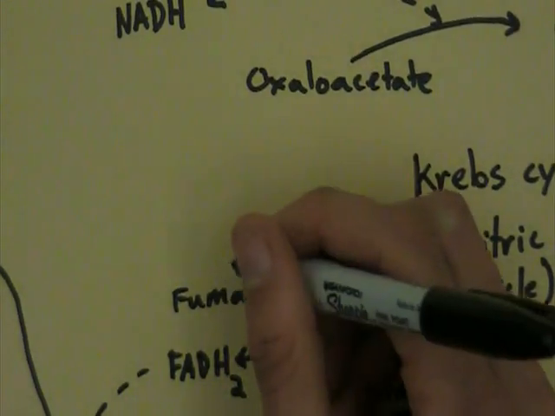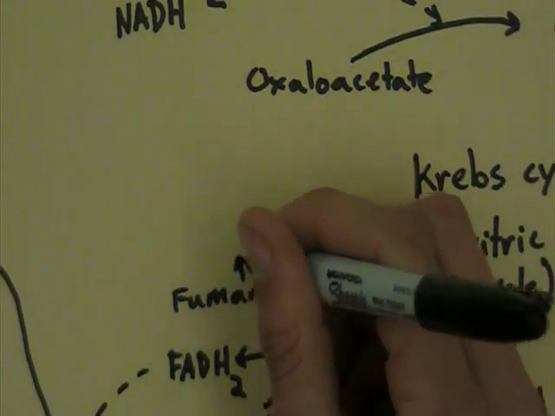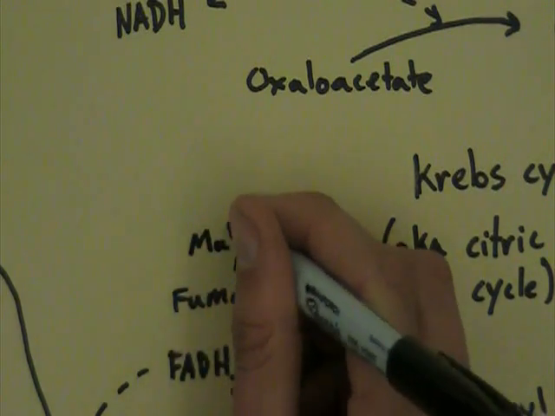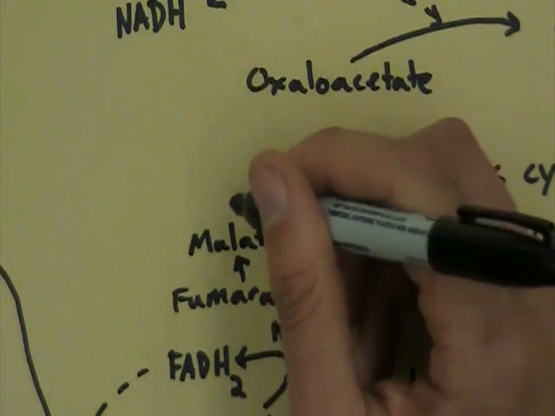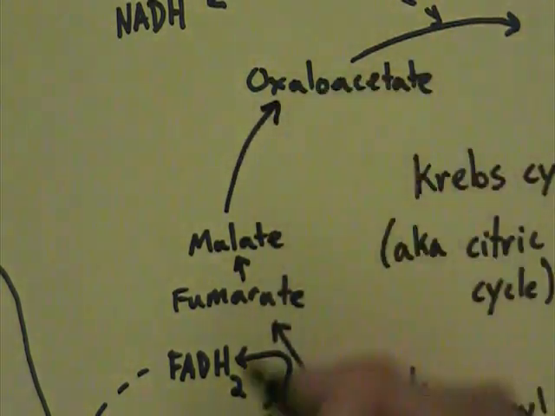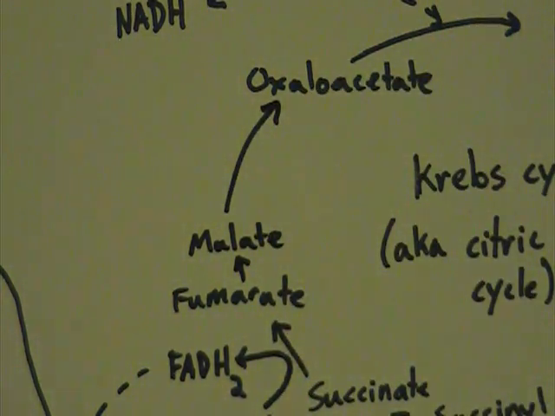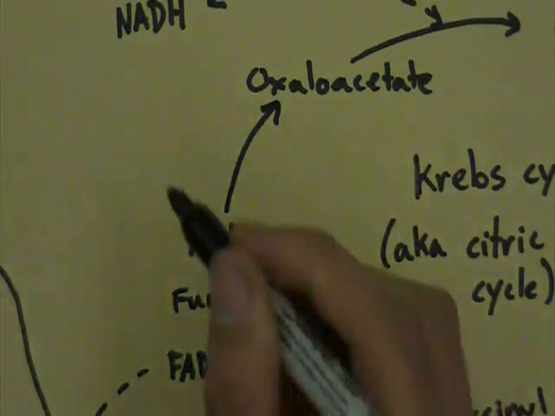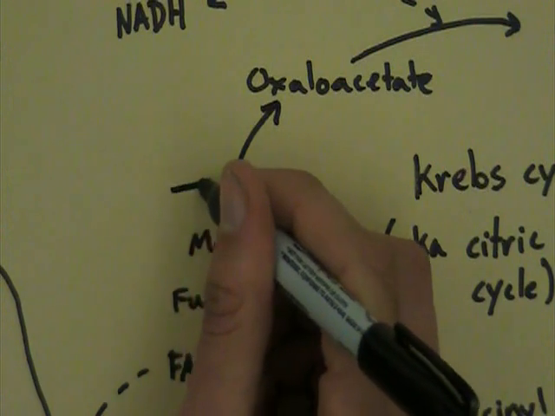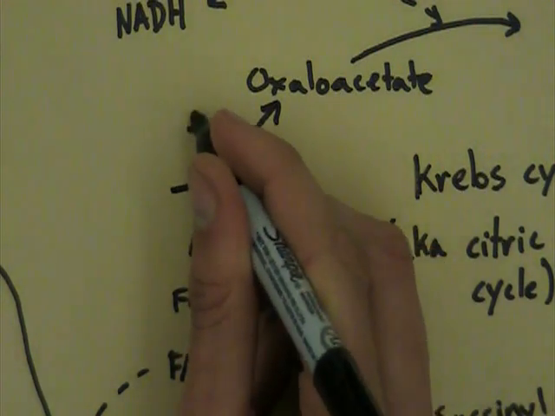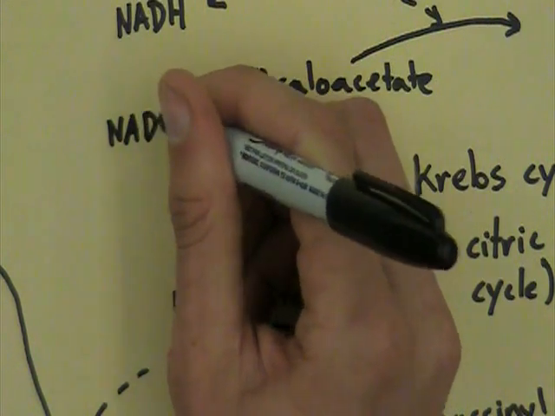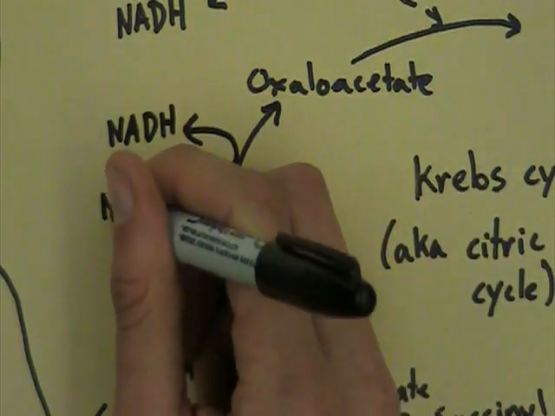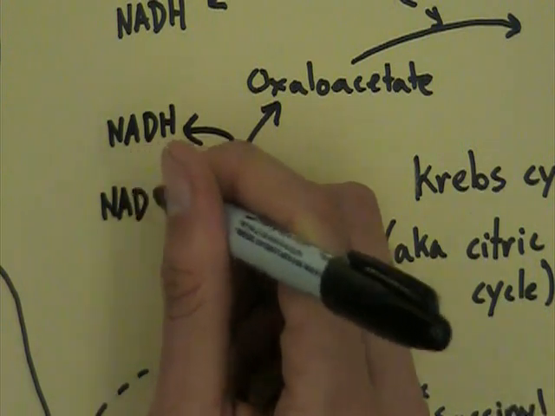Fumarate is then transferred into something called malate. And then back into oxaloacetate. This conversion of malate back into oxaloacetate actually produces yet another molecule of NADH, from NAD+.